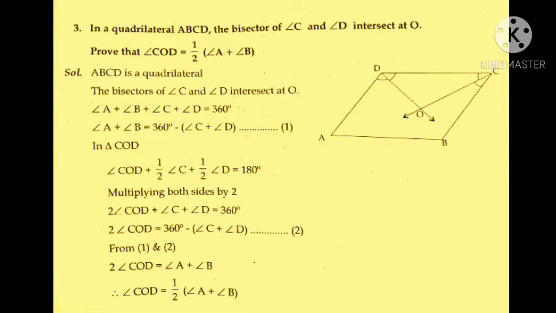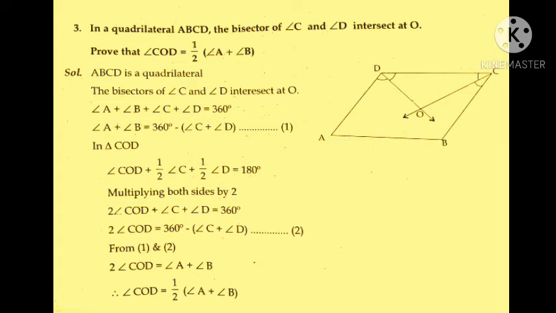Third question. In a quadrilateral ABCD, the bisectors of angle C and angle D intersect at O. Then prove that angle COD is equal to half of angle A plus angle B. Solution. ABCD is a quadrilateral.